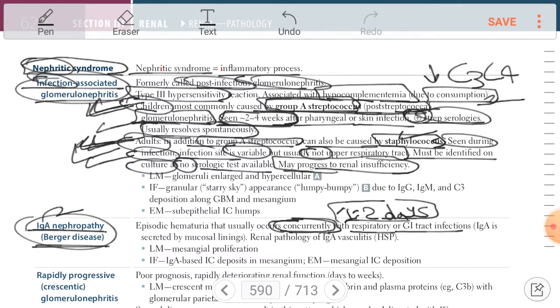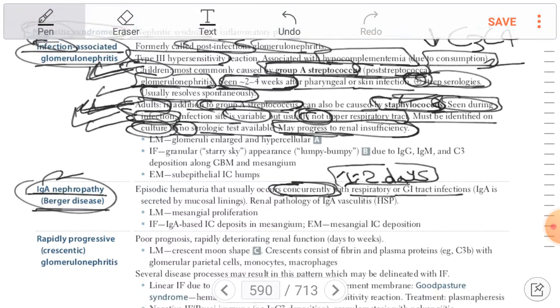In adults, group A beta streptococcus but also staphylococcus, identified on culture, no serologic test, during infection. The infection site is variable, usually not the upper respiratory tract. In adults it may progress to renal insufficiency.